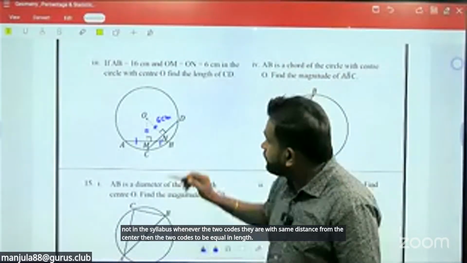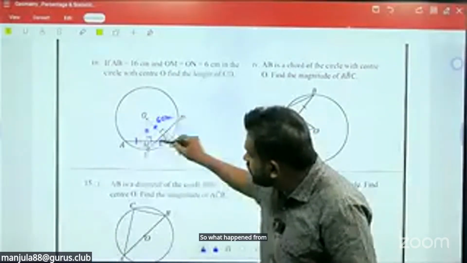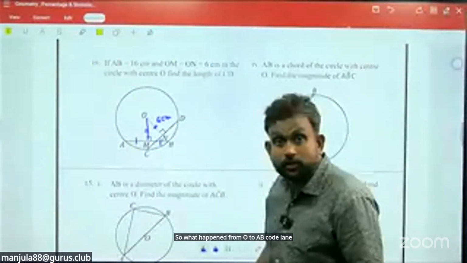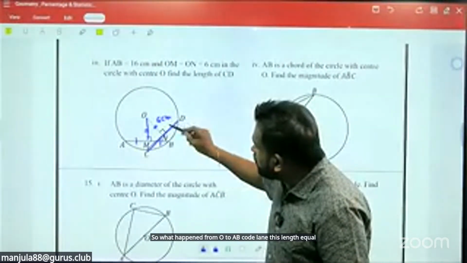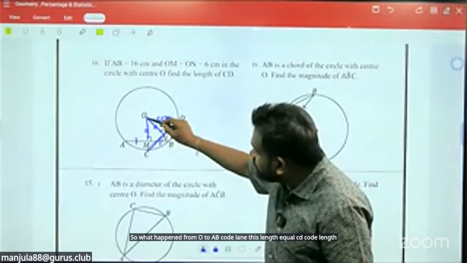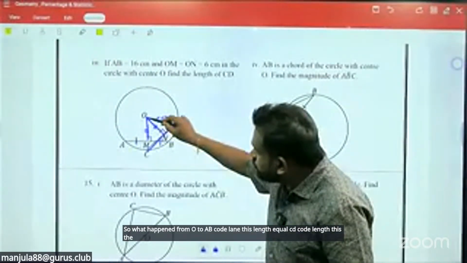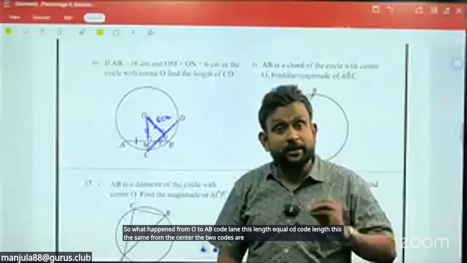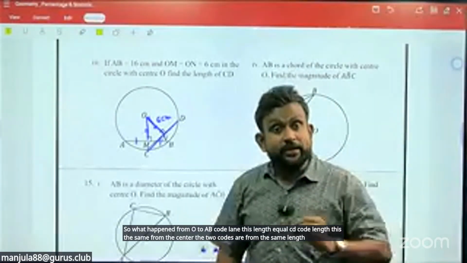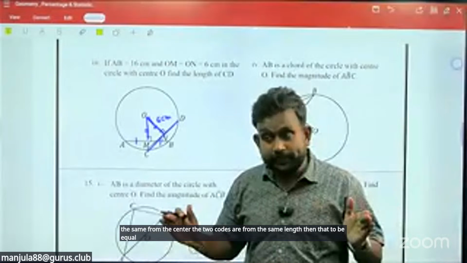So the distance from O to chord AB equals the distance from O to chord CD, so the chords are equal in length.